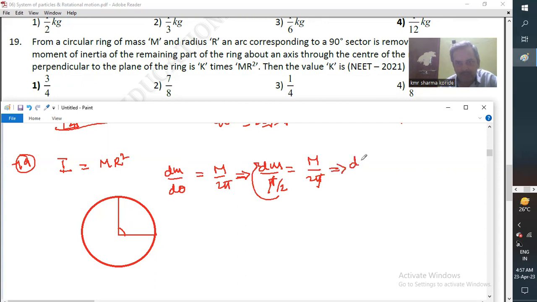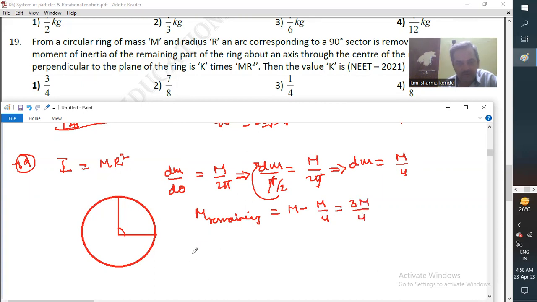So dm is equal to M by 4. Then the remaining mass is equal to M minus M by 4. Total mass is M, the mass of the removed part is M by 4, so you will be left with 3M by 4.